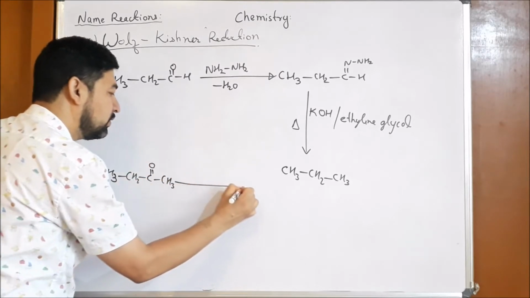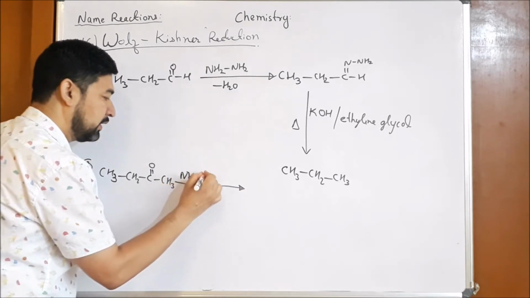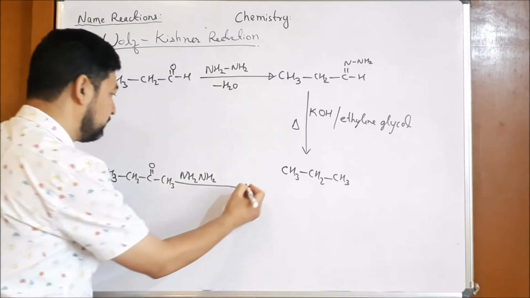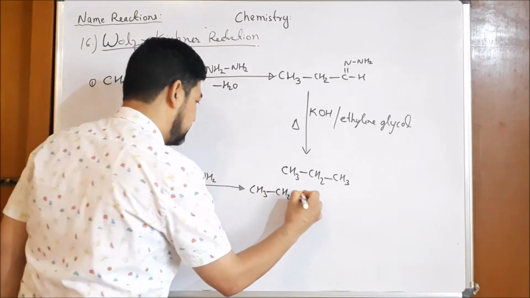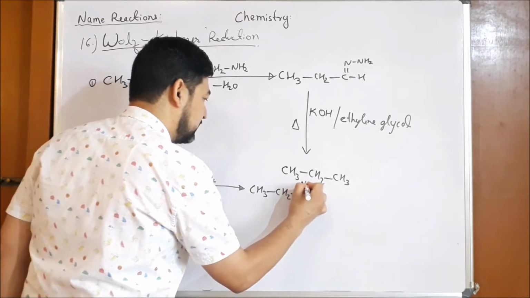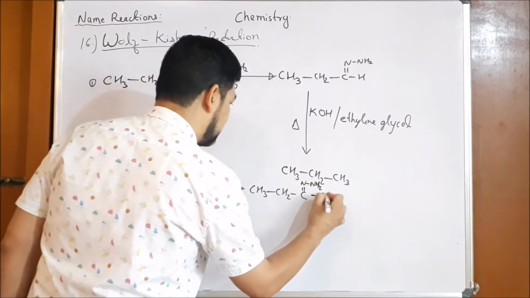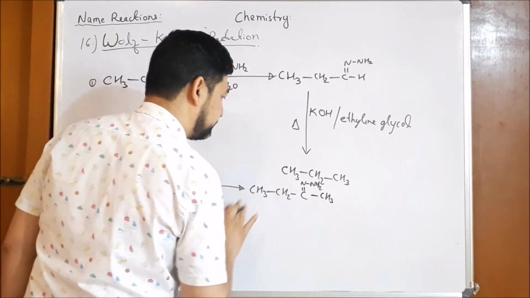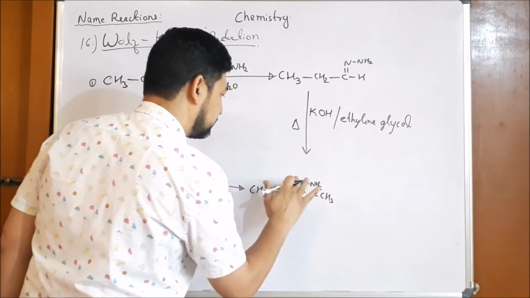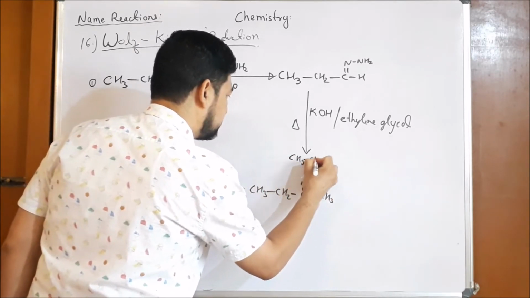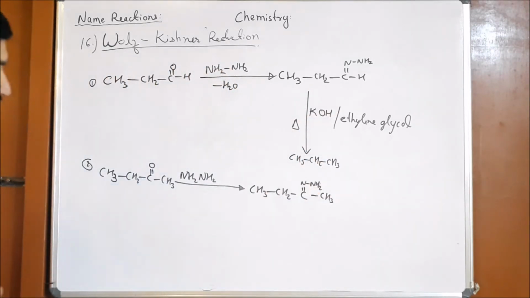If we have a ketone and we treat it with hydrazine, NH2, then our compound becomes CH3, CH2, C double bond N, here comes NH2, and here is another CH3. So this is the molecule.